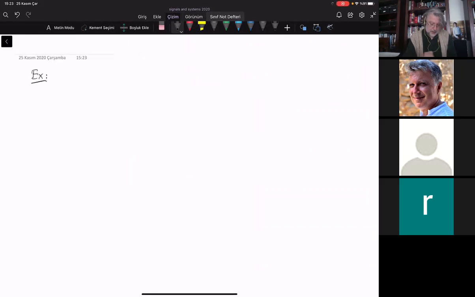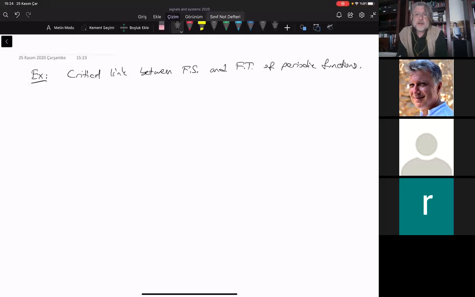Now, another example. This example is the critical link between Fourier series and Fourier transform of periodic functions or periodic signals, because periodic signals also have the Fourier transform.